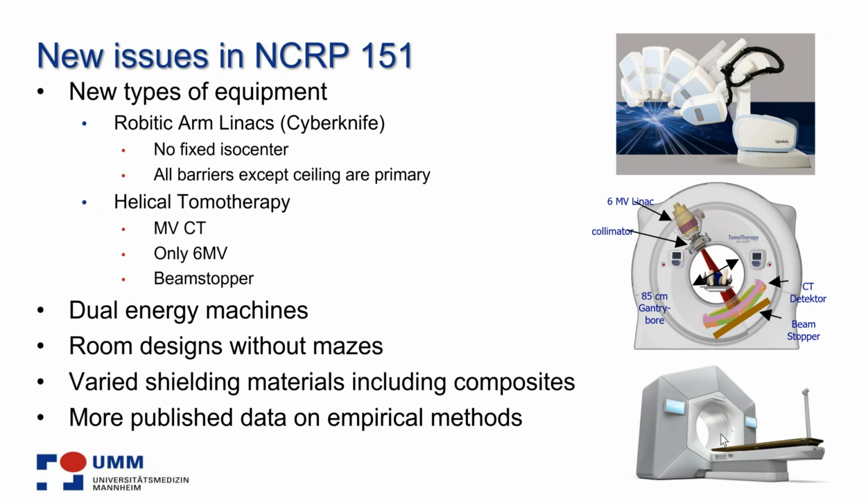That means the question at the end is how to get a proper calculated radiation protection plan. You need programs for that, and there are also more empirical methods based on Monte Carlo calculations.